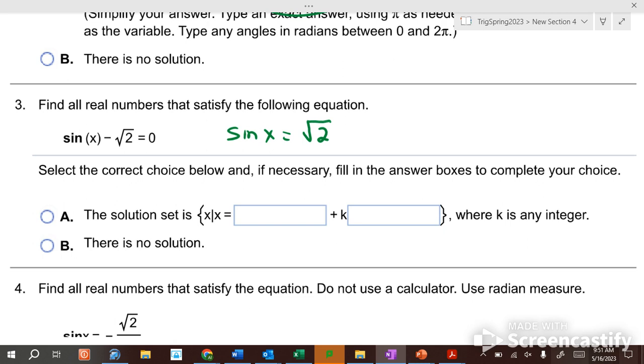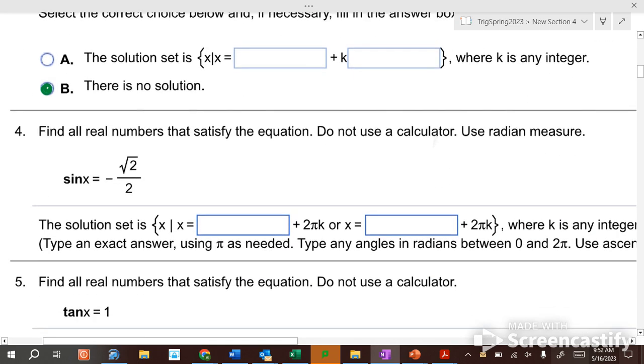Henry's right. Because what is the square root of 2? On your calculator, somebody, square root of 2, really quick. It's 1.4. And Hannah just said that it's over 1. Which Hannah knows that, can sine ever be over 1? No, sine can't be over 1 or below negative 1. So, no solution.